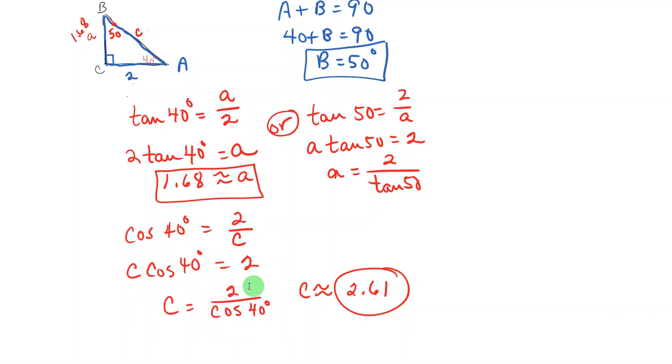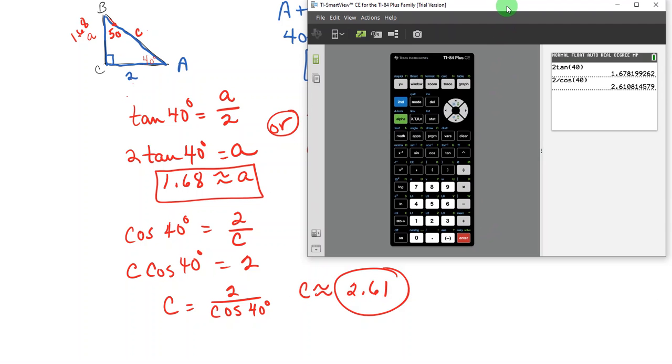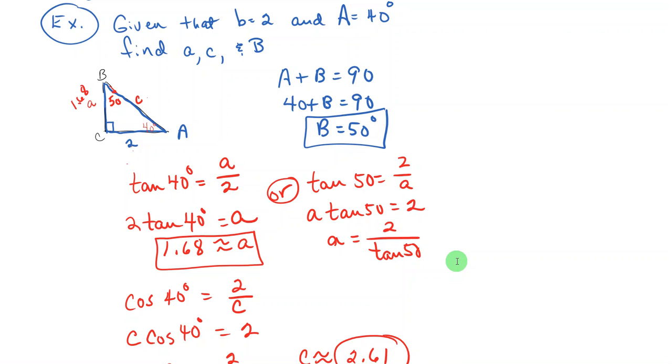So we get to this, and we'll do that on the calculator. So it would be 2 divided by cosine 40, and enter, and we get 2.61. All right, so that is what solving the right triangle is. You're using the things you are given to find all the things that you do not have.